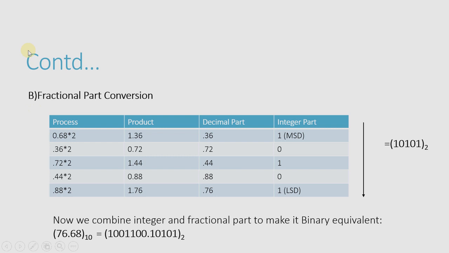When you multiply this number with 2, we get the product 1.36. It again consists of both a fraction and an integer part, so we separate the integer part and the fraction part. In the decimal part you only write the part after the point, that is 0.36, and the integer part is 1.